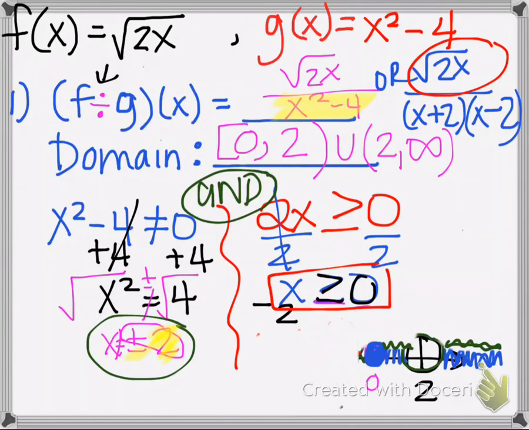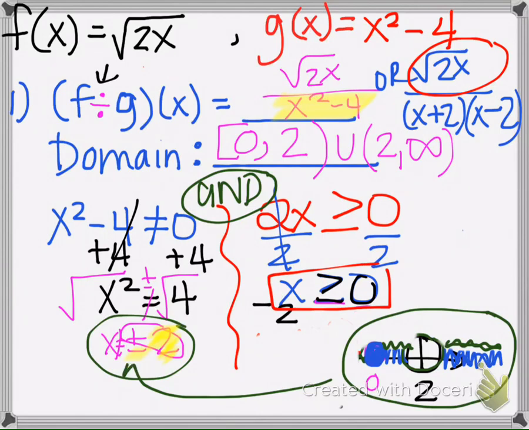So they all have to be greater than or equal to 0. But this one here says x cannot equal 2. So that's why we start at 0 here, and then it could be any number here, and then not 2, so that's why we have to stop there, and anything greater than 2 will work.